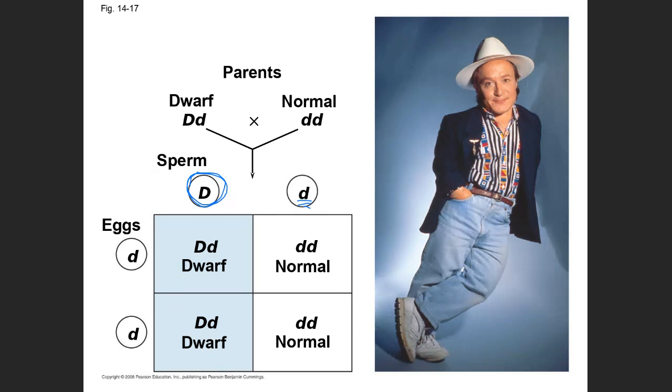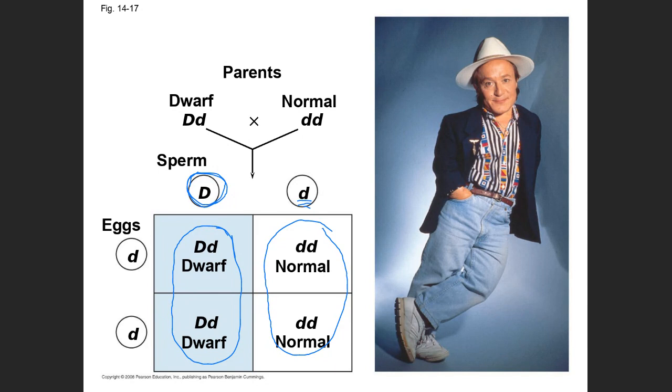So if you had someone who's a dwarf and then someone who's normal height mate, half of the offspring are dwarfs and the other half are normal height because it's the recessive allele that's normal in this case. And so there's a 50-50 chance. If a normal height person marries someone with achondroplasia, half their kids will be dwarf and the other half will be normal height.